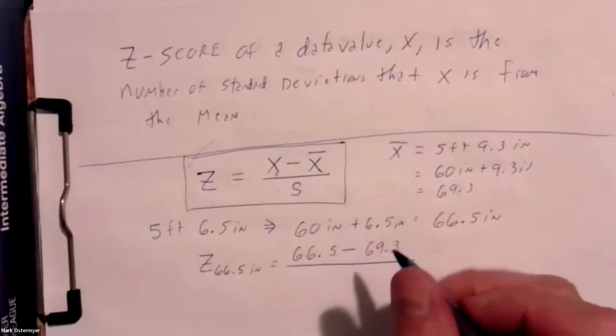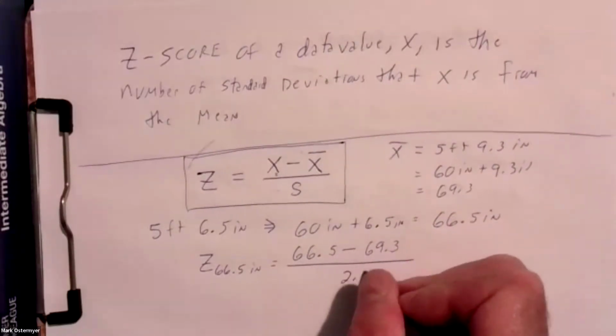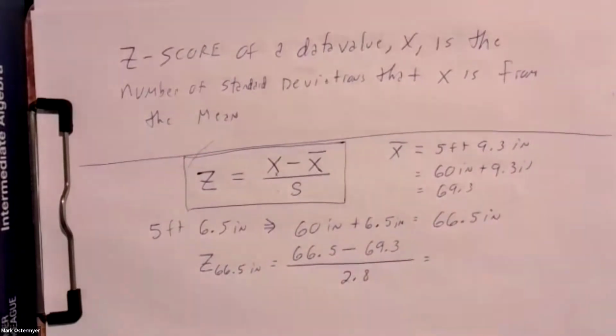And we're going to divide it by the standard deviation of height, which is 2.8 inches. All right, let's get on our calculator and find the z-score for 66.5.